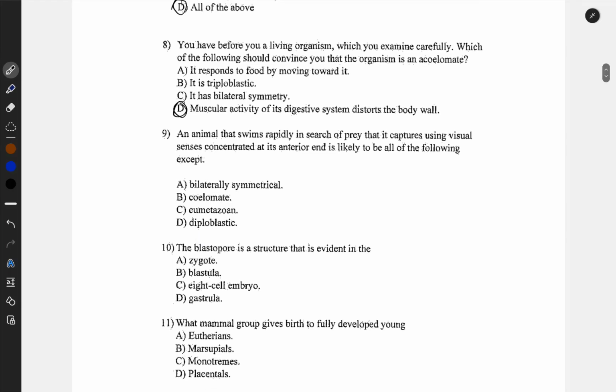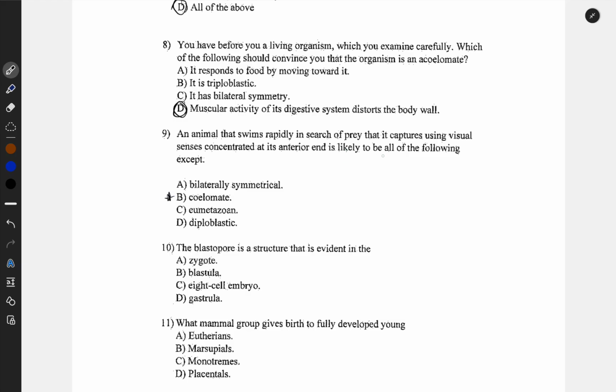An animal swims rapidly in search of prey that it captures using visual senses concentrated at its anterior, the head, and is likely to be all of the following except... An animal that goes for its prey, this is active predation. So that means yes, it has bilateral symmetry. Yes, it can be coelomate. Let's put a star on this.